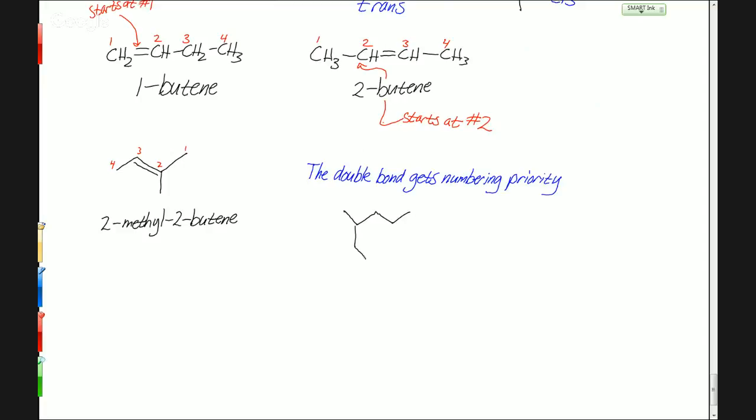This one looks like it should go across again, but when we look at it more closely, we see that this is actually the longest chain, because that's 6 carbons. And if we start numbering from the bottom, making the substituent closest to 1, that's on the 3rd carbon, so that's 3-methylhexane.